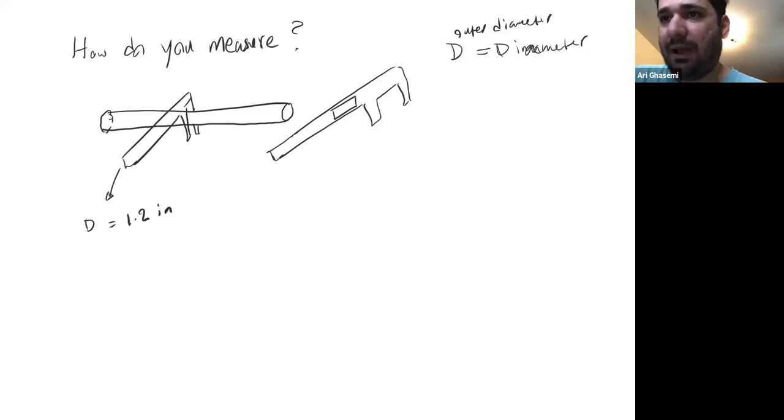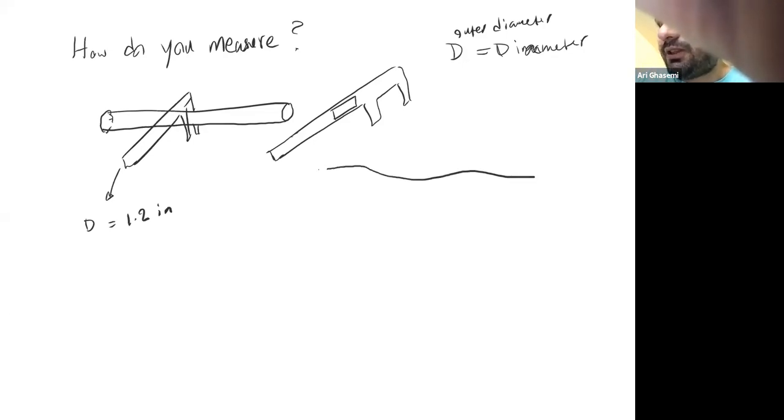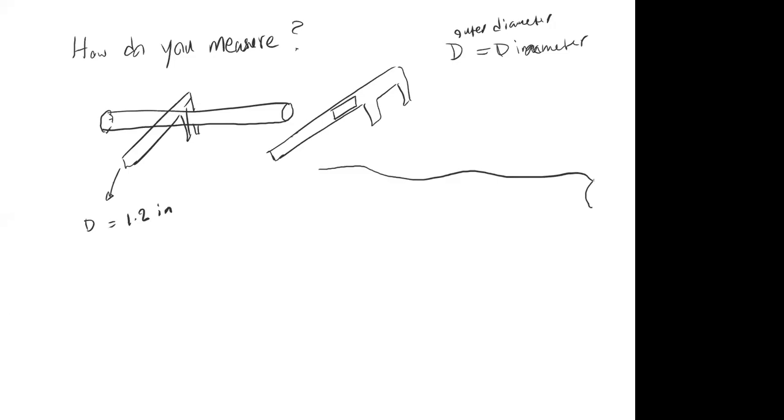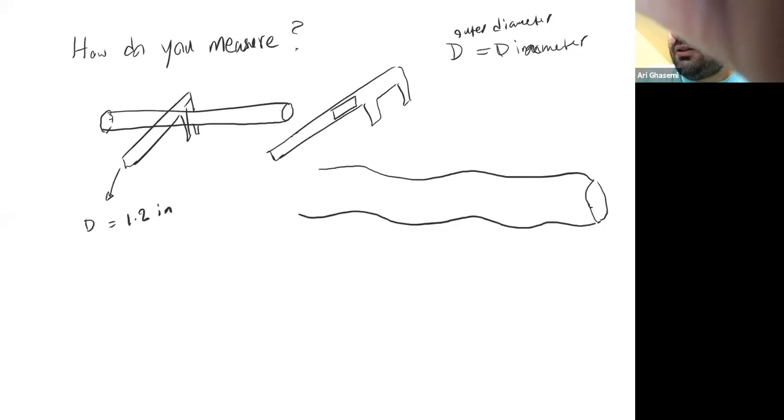In fact, this bar has some tolerances, some manufacturing error. Sometimes, if you have this bar under a microscope, you have variation in the diameter like that. Would it not be better to take 4 or 5 measurements and then average them? Yeah, go ahead.